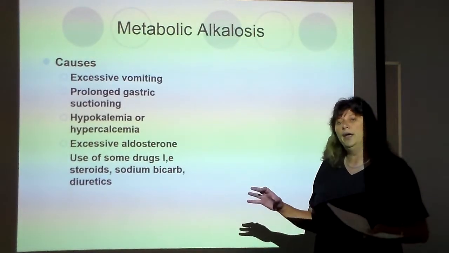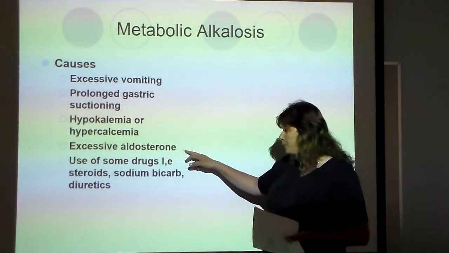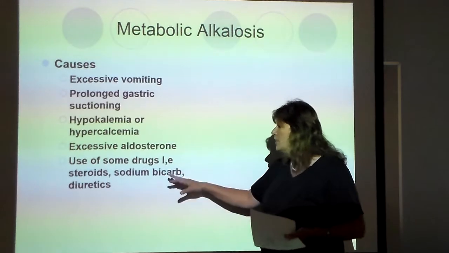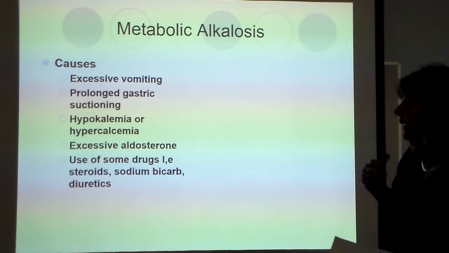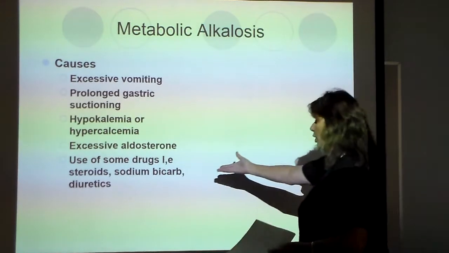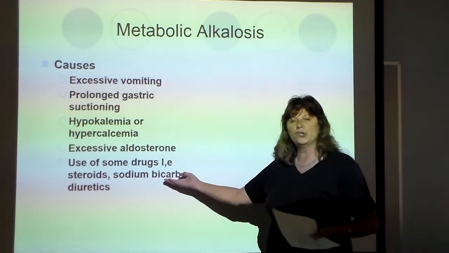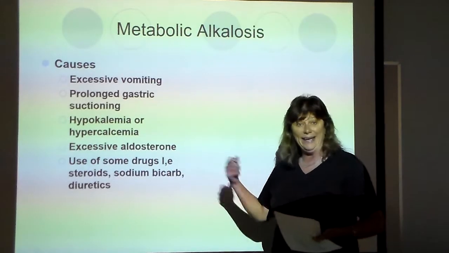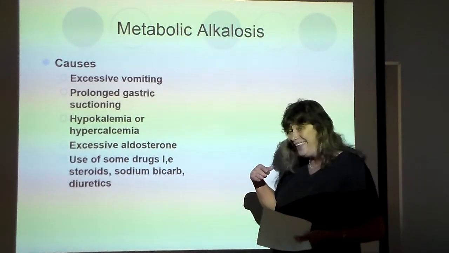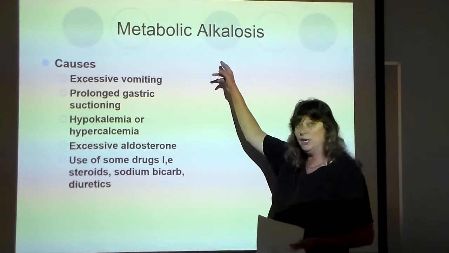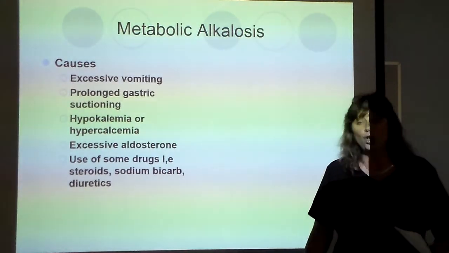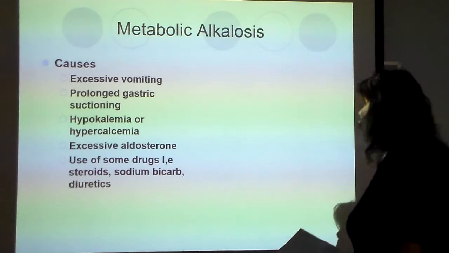We see it with aldosteronism, excessive aldosterone levels, and we also see it with some steroid and sodium bicarb, a buffer, an alkaline. If we use this excessively, and acids, Tums, things like that, Alka-Seltzer especially, we're going to be seeing probably some metabolic alkalosis in the long run with long-term use.